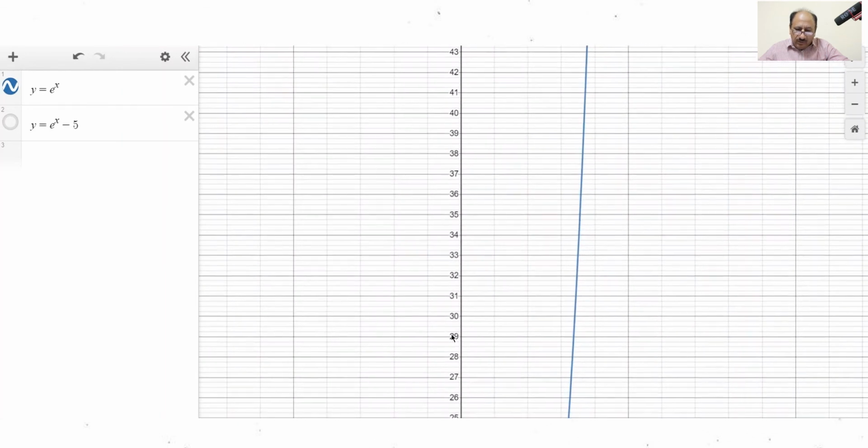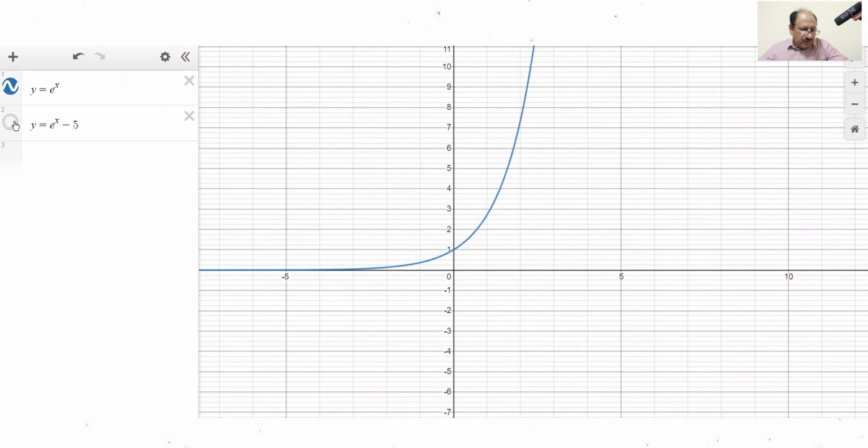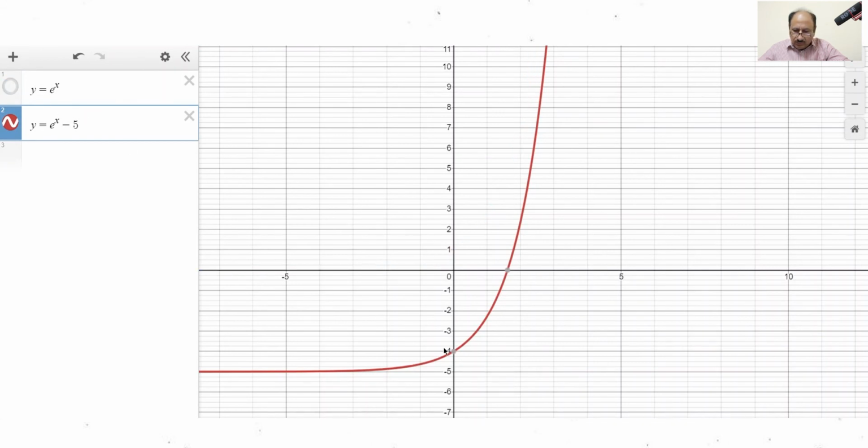Now if we check our graph, which is e raised to x minus 5, you can see its transformation, it's going down, the y value is changing, the asymptote is going down, and our new graph is over here.